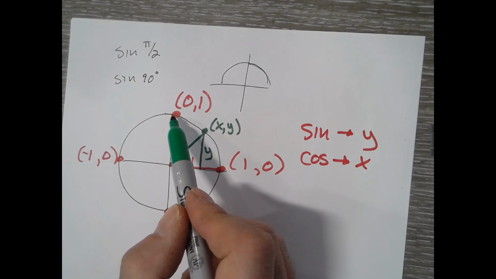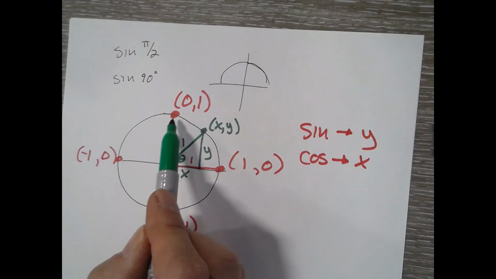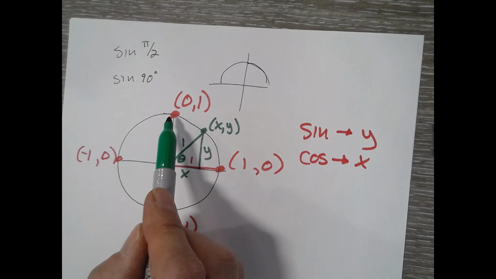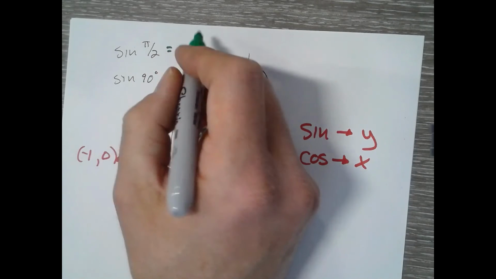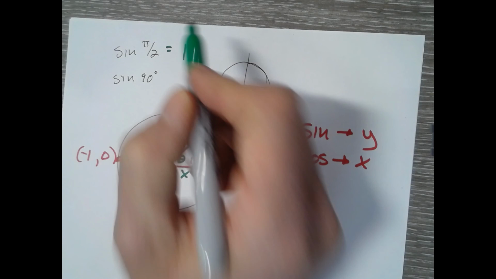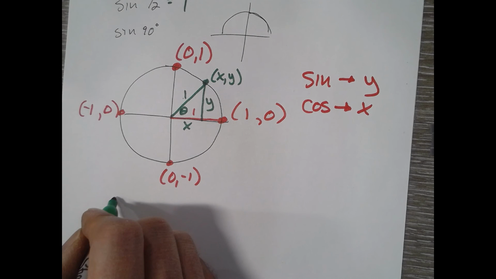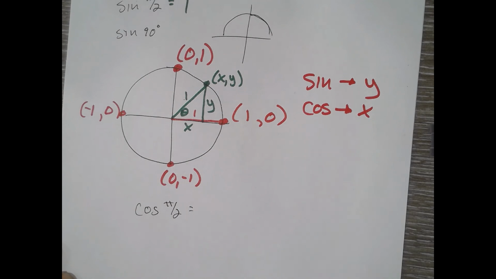What's the y value there? 1. Sine of pi over 2 is 1. What's the x value at pi over 2? It is 0. Cosine of pi over 2 is 0.